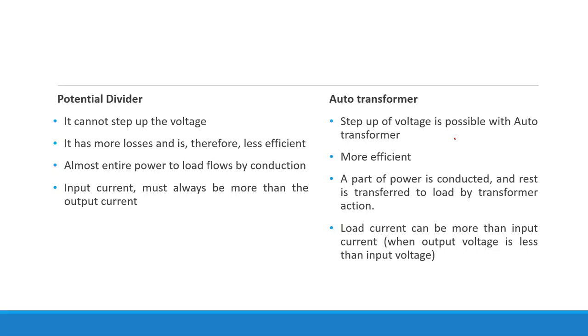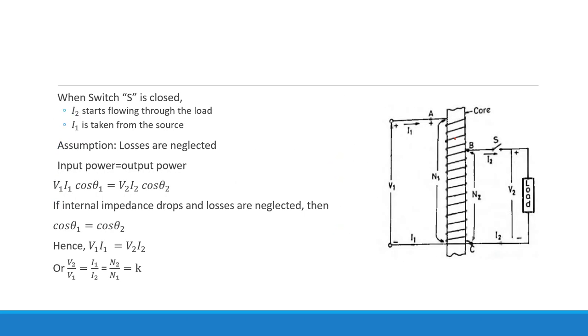So now it is clear that the auto transformer cannot be called a potential divider, or a potential divider cannot be called an auto transformer. This is a difference.